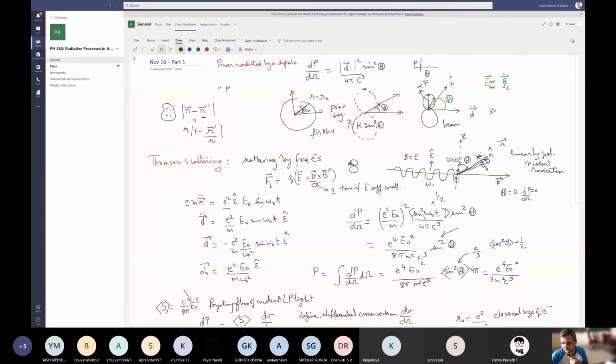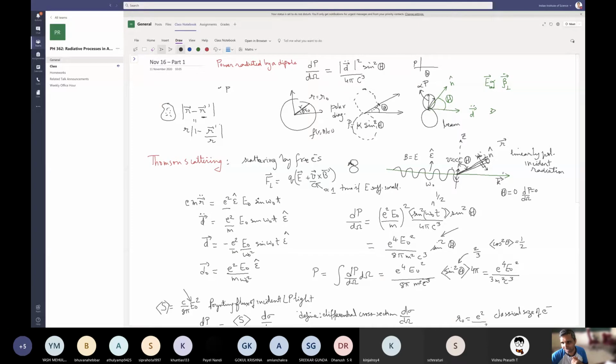On the other hand, if you're looking at the minus k hat direction, what would you see? You will see this whole oscillation because beta perp is the full acceleration, and you'll see a maximum.